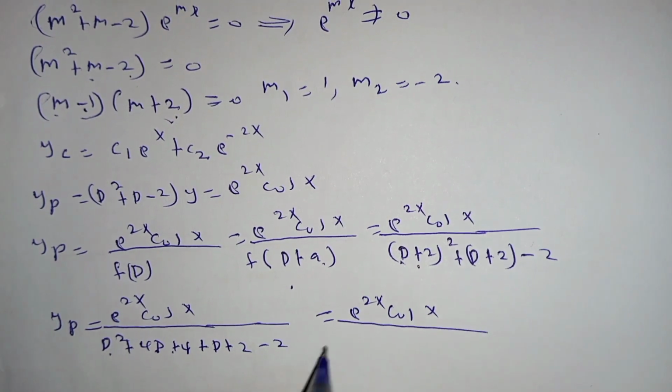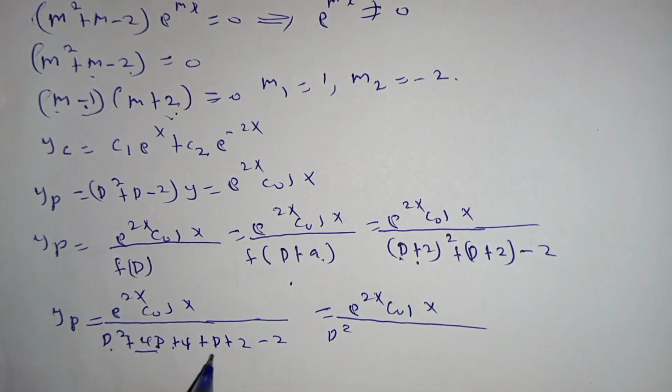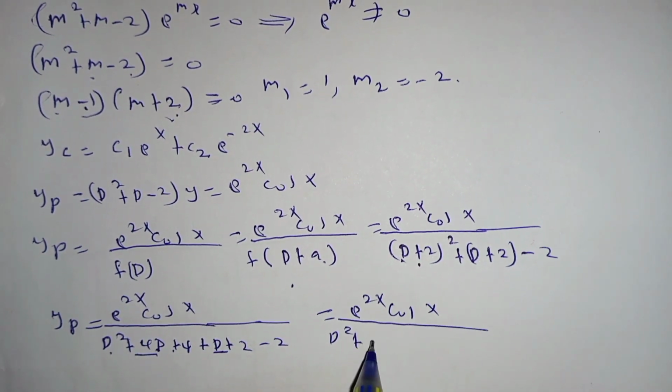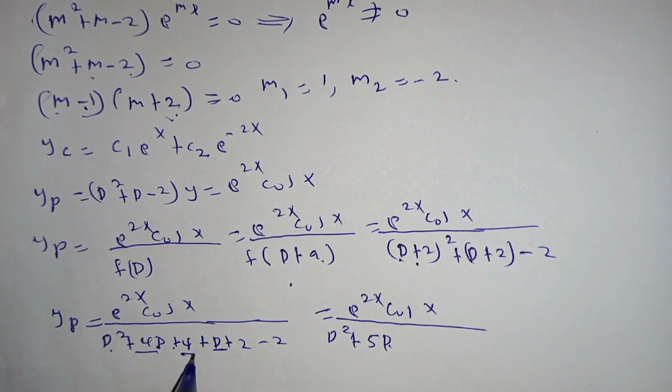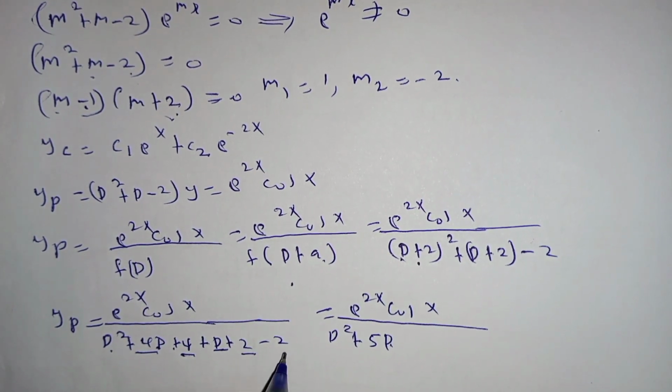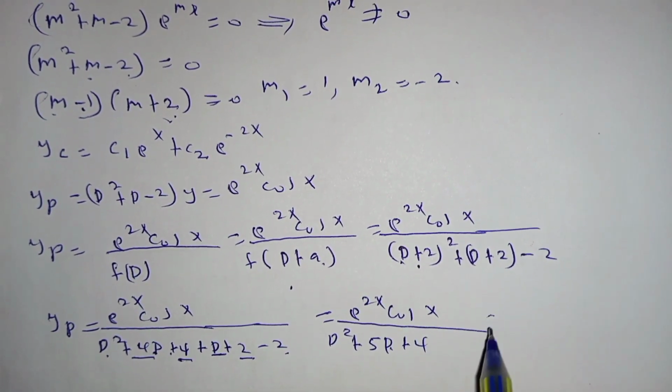So you have d squared, you have 4d plus d, which will give you plus 5d. Then you have 4 plus 2 will give you 6, minus 2 will give you plus 4.